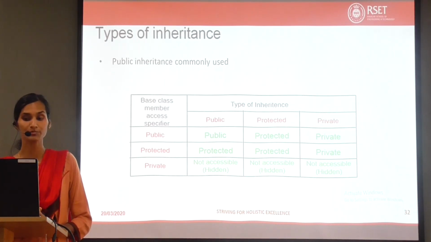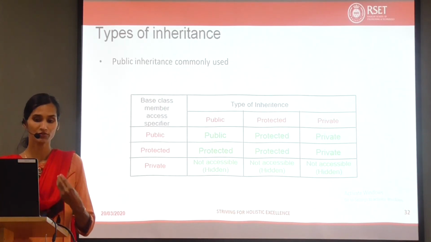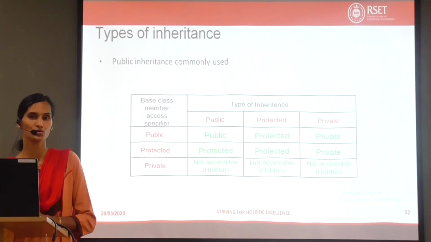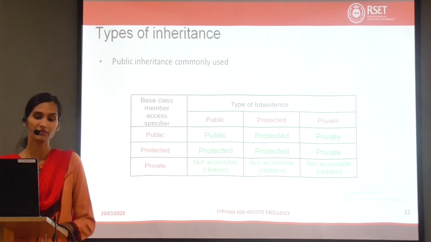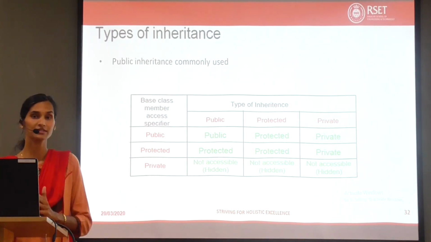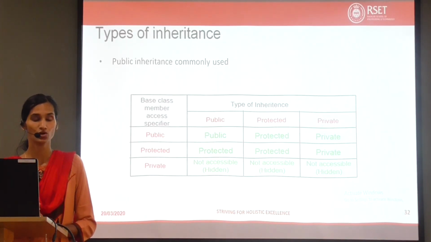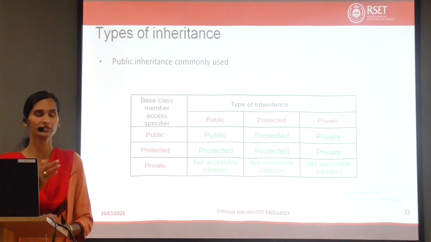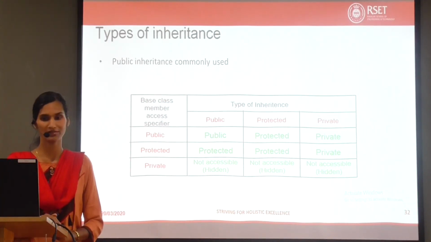But when they are inherited in a protected way, the public becomes protected. Public variables or member functions in your base class become protected in your new derived class. In the same way, when the base class gets inherited as private, all your member functions, the public, protected and private of the base class, become private.